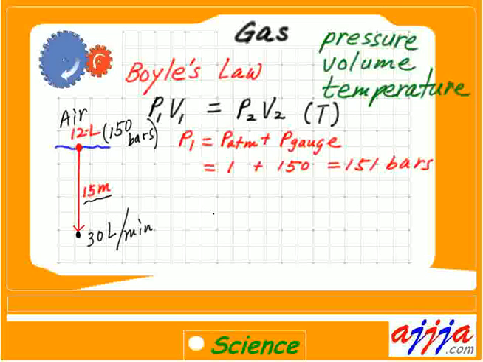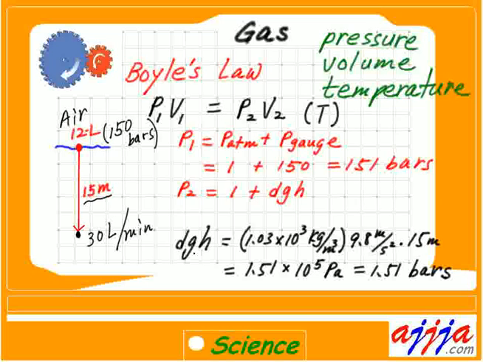Now you go down into the water, and you get another pressure. First you have the same atmospheric pressure, which is 1, plus, as you go down into the water, you get more pressure, which we call dgh. h is 15 meters down, so we multiply by 15. Here d means density, which is 1.03 times 10 to the third power kilograms per cubic meter. g is gravitational acceleration, 9.8 meters per second squared, times h, the height, how deep we go into the water, which is 15 meters.